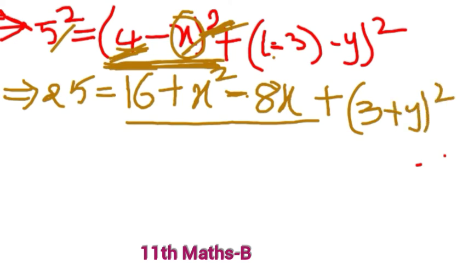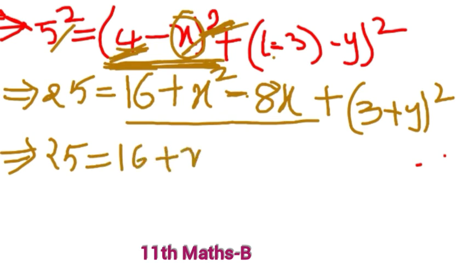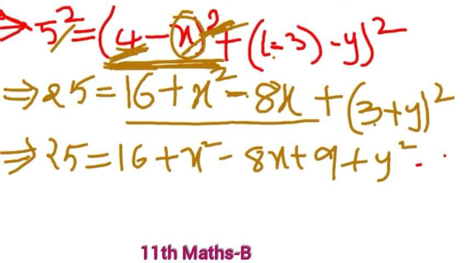So we got this from here. Next, 25 is equal to 16 plus x square minus 8x plus 3 square is 9, plus y square.